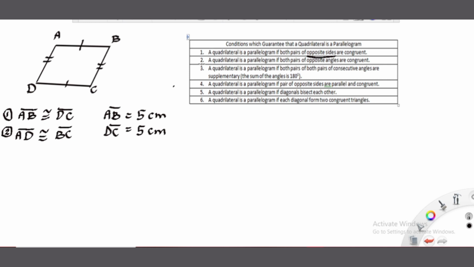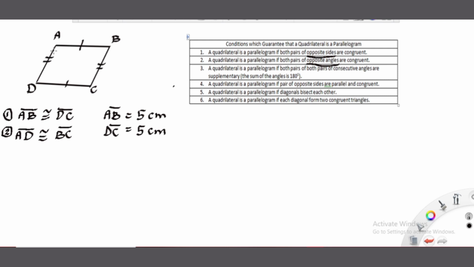Second condition: a quadrilateral is a parallelogram if both pairs of opposite angles are congruent. So for condition number 1, its opposite sides are congruent. For condition number 2, its opposite angles are congruent. We know that a quadrilateral has 4 sides and 4 angles. So what are the 4 angles of this quadrilateral?